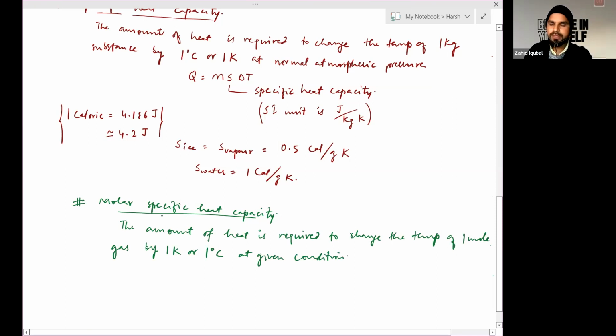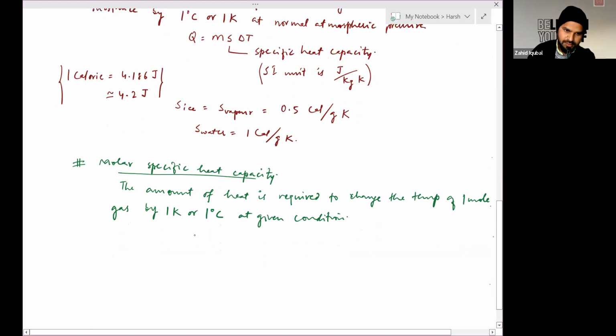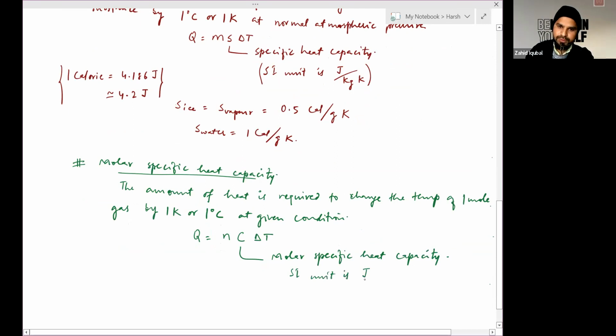Since molar specific heat will have different values for different processes, like isobaric, isothermal, adiabatic, it will have different value. So Q equals number of moles times specific heat times change in temperature. This C is called molar specific heat capacity. Its SI unit is joule per mole per Kelvin.